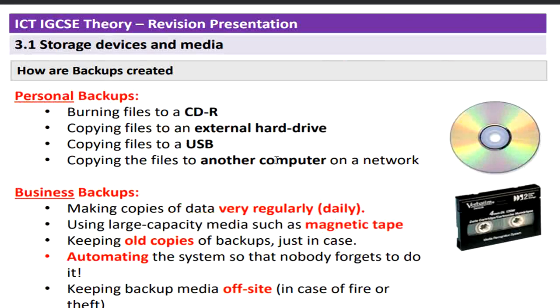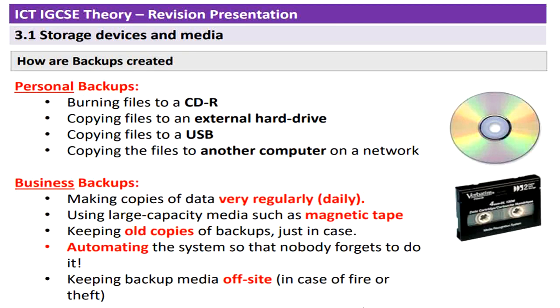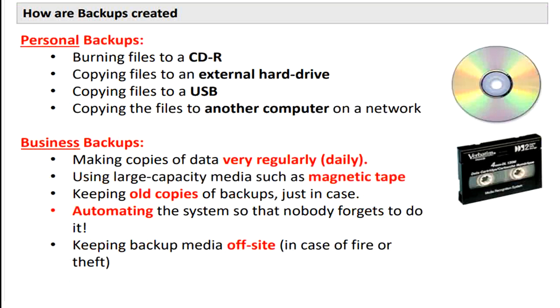Here we have different ways of keeping backups, and we have two main types: personal backup and business backup. For personal backup, we keep an archive of our documents, photos, and so on by burning them to a CD.